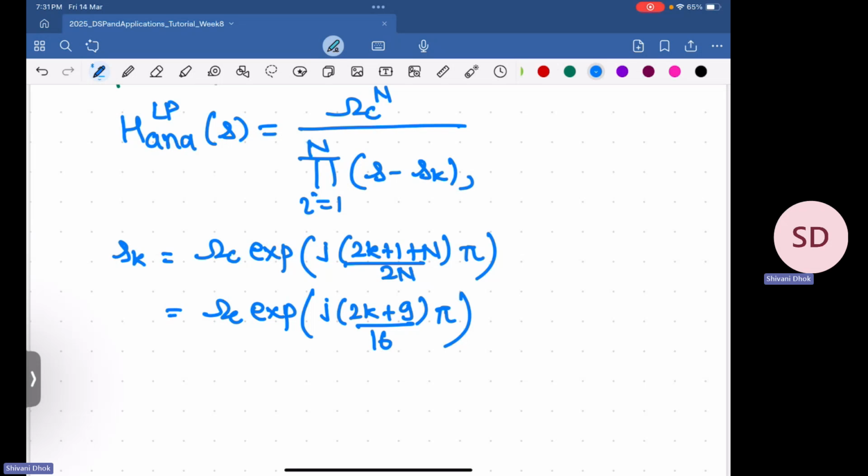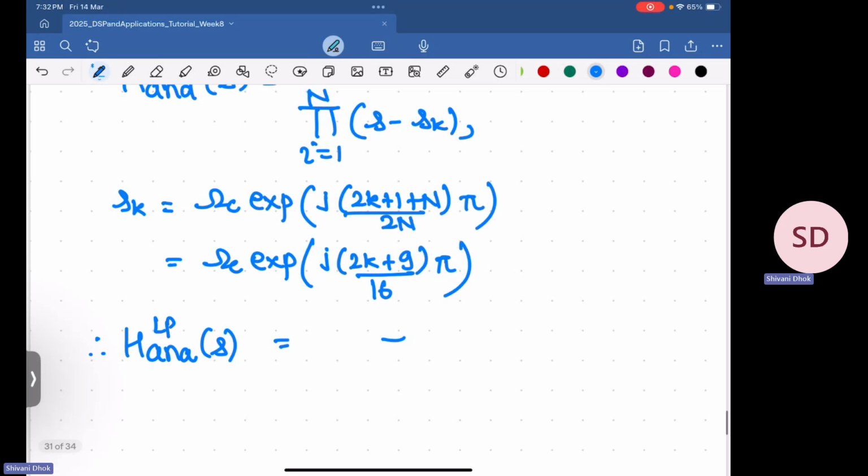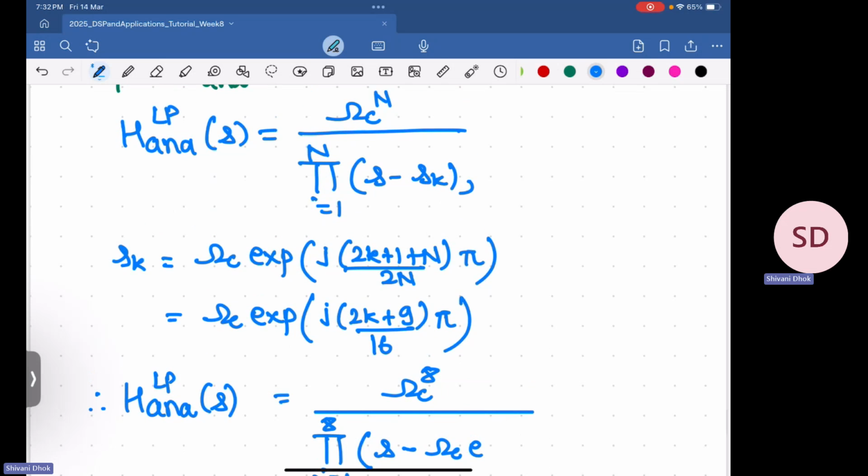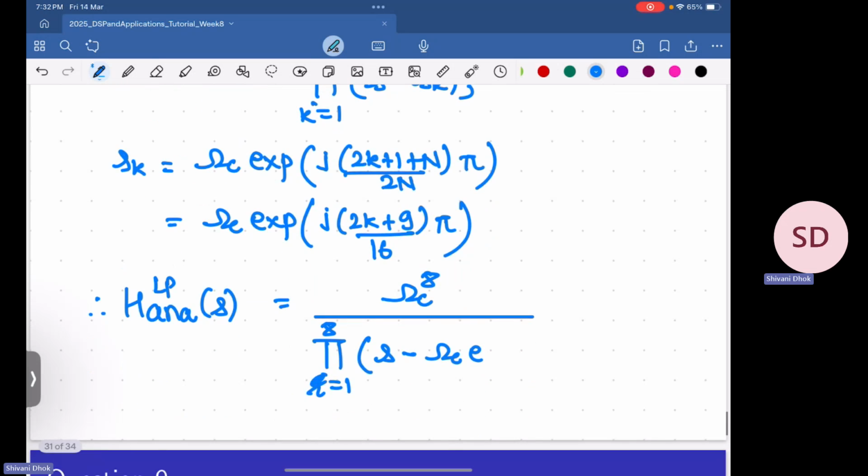I'm not going to simplify this. Therefore this H analog LP of S is equal to omega c power n divided by the product of k equal to 1 to 8 of S minus Sk, that is, S minus omega c into e power j (2k plus 9) by 16 pi.